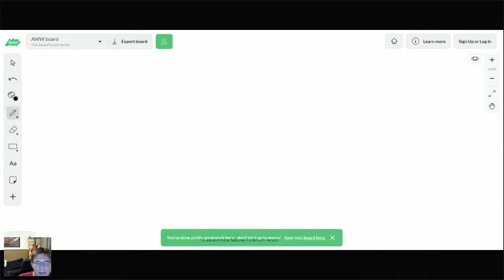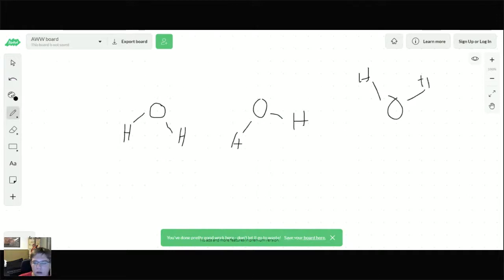So now let's look at a polar molecule. Let's draw just a simplified structure, so no lone pairs, of water. So here's water, and I'll draw a couple other waters just for sake of demonstration. There we go. Perfect. So here we have a polar molecule. We're going to see that oxygen is much more electronegative than hydrogen. So those electrons are going to be consistently pulled in oxygen's direction, which is what differentiates a London dispersion force from a dipole-dipole force.